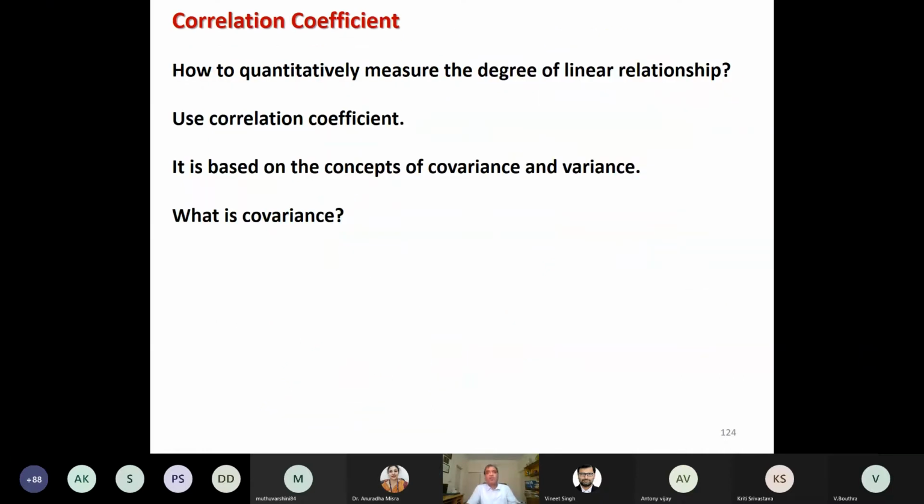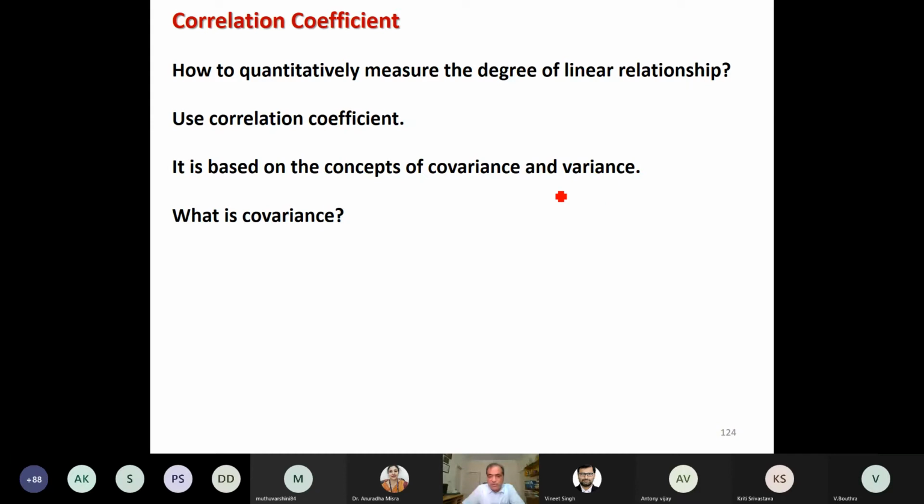Now the question comes: graphically I can view all these things, but I would also like to draw some conclusions based on mathematical functions in a numerical way. In order to understand those things, we have the concepts of covariance and correlation.